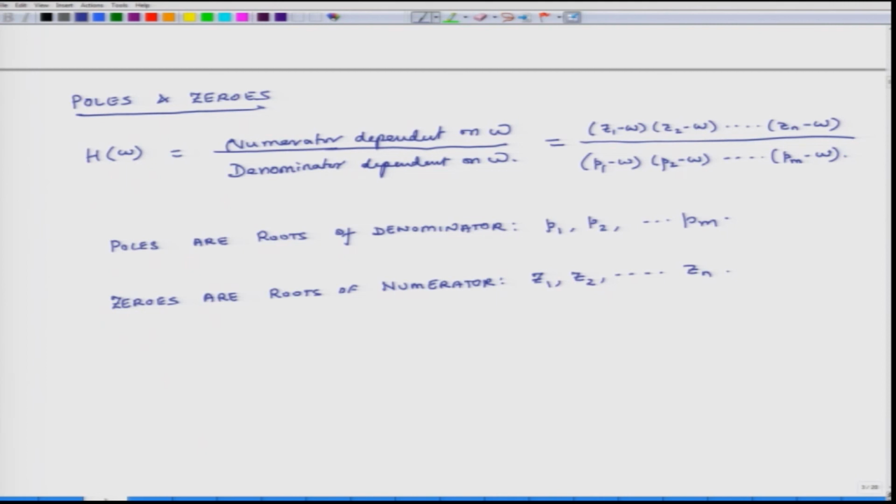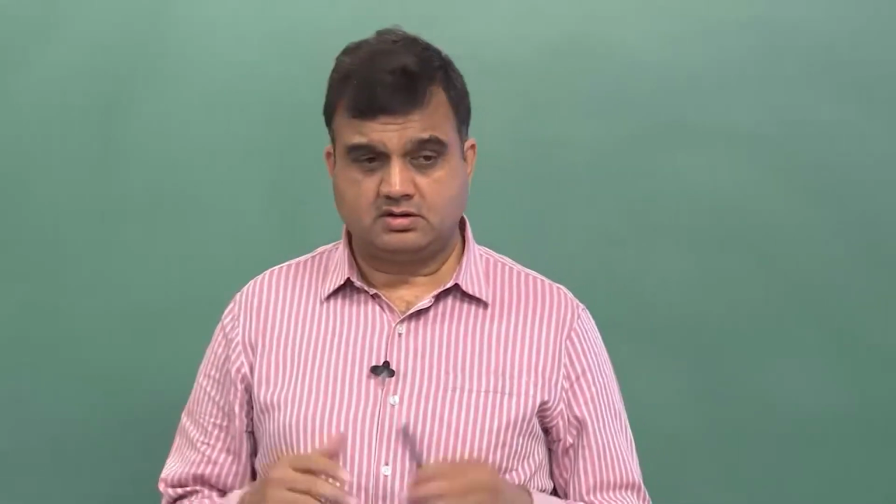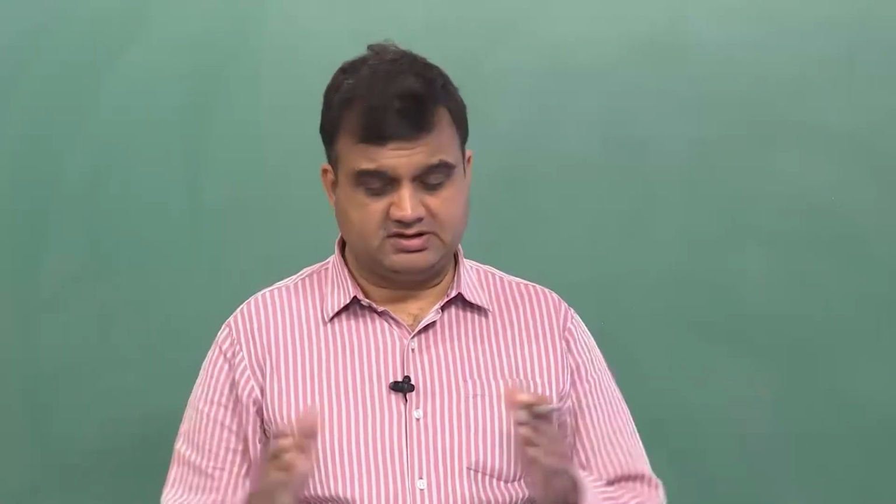So, if I have any complicated transfer function and if I get my mathematics correct, I can always factorize it in terms of a bunch of zeros and a bunch of poles, and once I have factorized them, I can separate them as a sum of individual poles and zeros. Right. So, this is another thing I wanted to talk about.